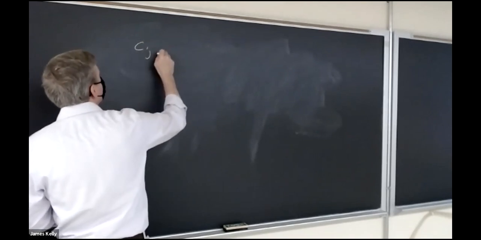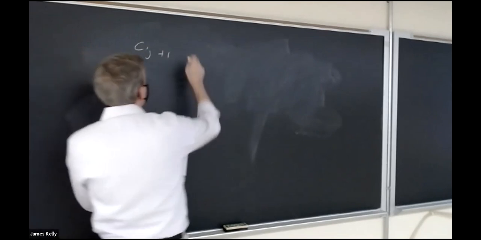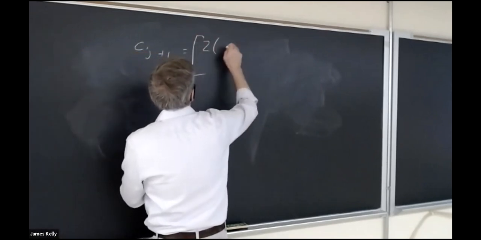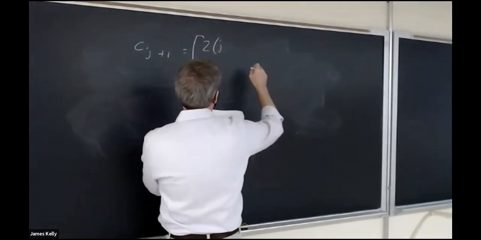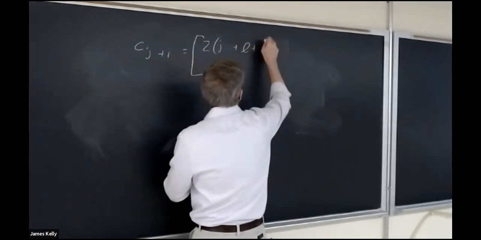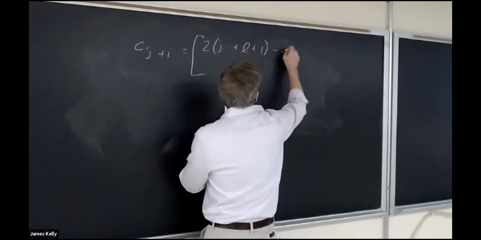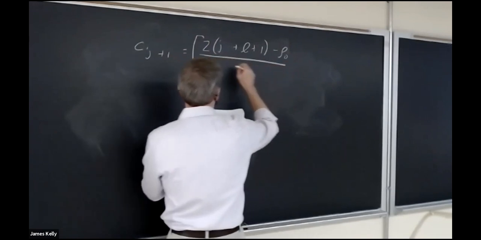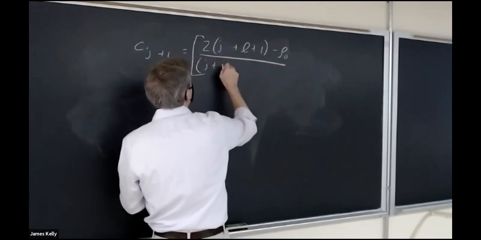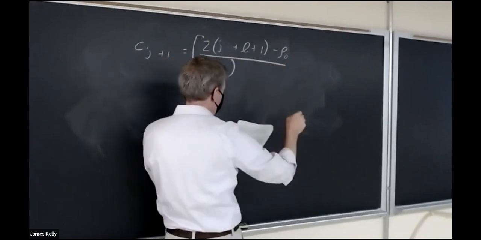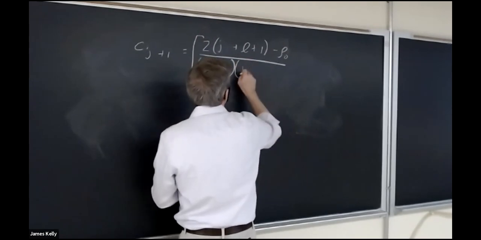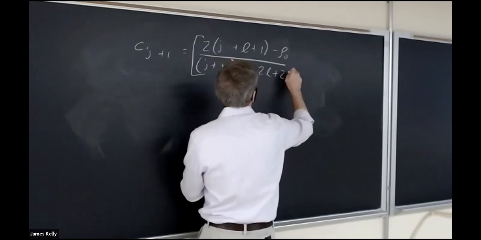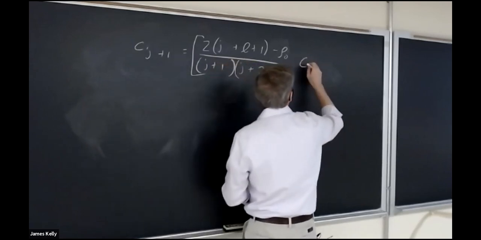C j plus 1 is equal to kind of a mess. 2j plus L plus 1 minus that combination of constants rho 0, divided by j plus 1 times j plus 2L plus 2, times Cj.